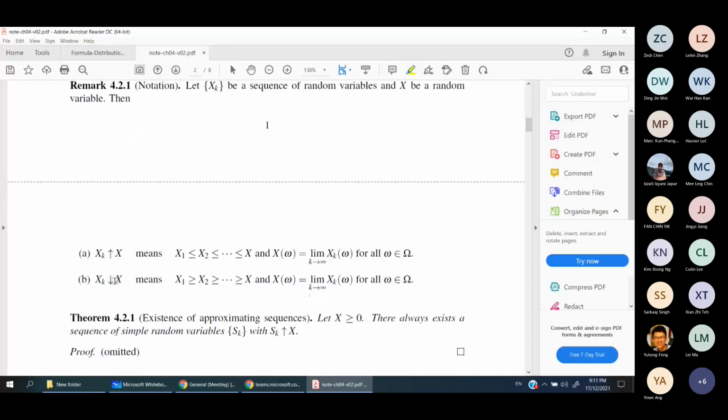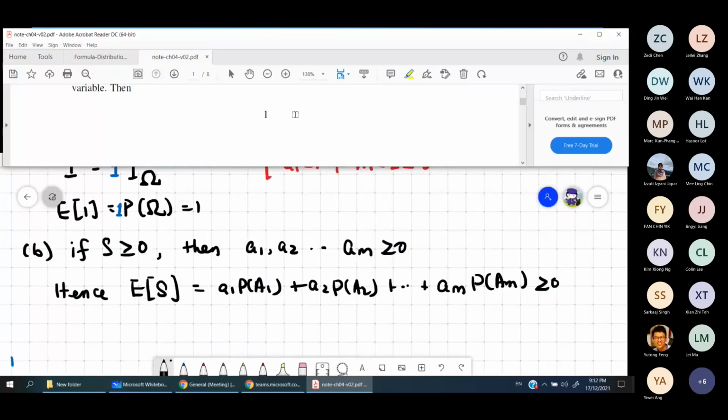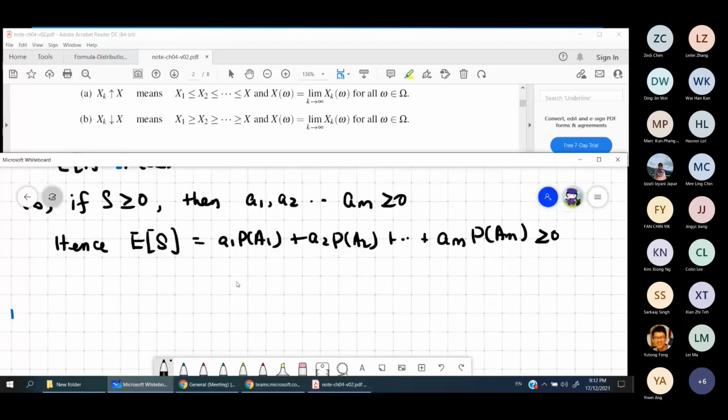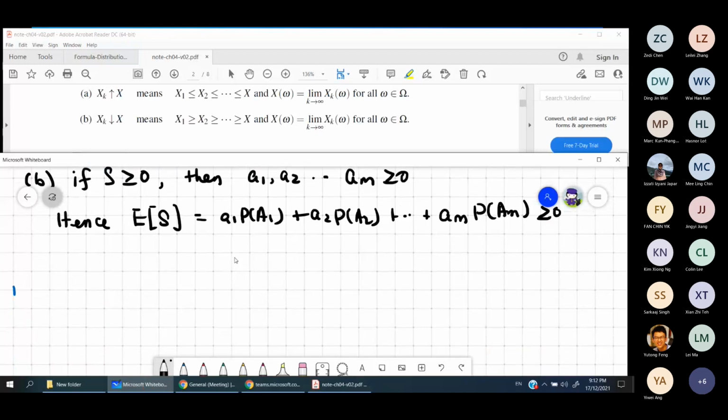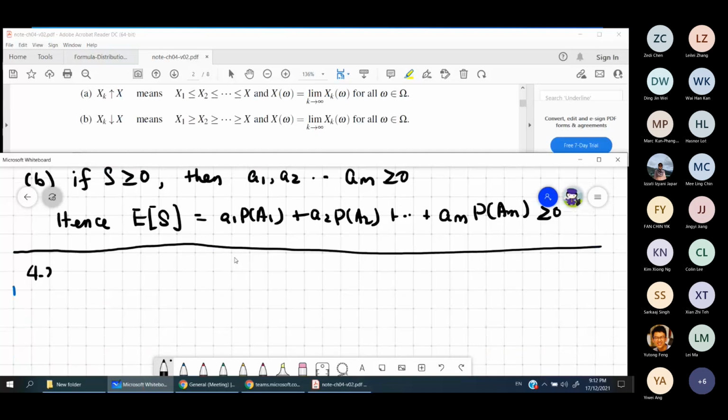And Xk converges to X decreasingly means X1 is greater or equal to X2, greater or equal to X3, and X will be the limit of Xk. So this is a notation.